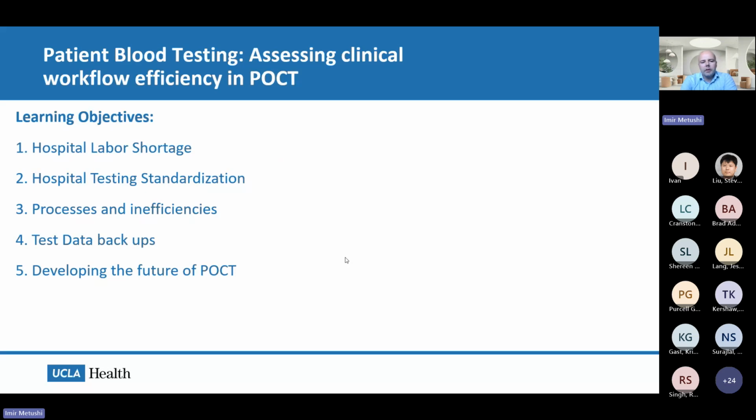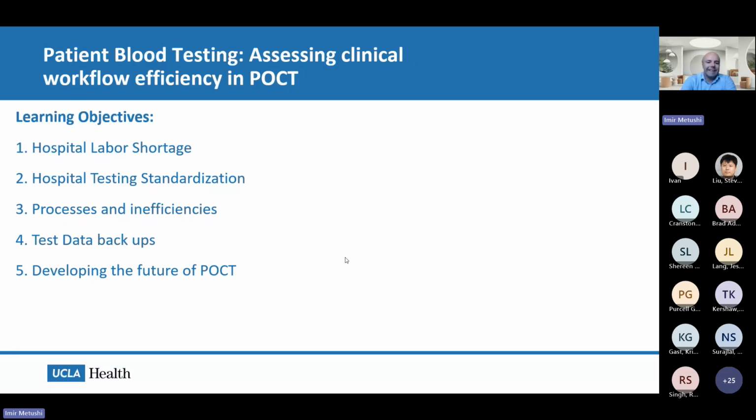Today we'll be talking about several aspects in the clinical lab, but mostly focusing on point of care testing. We'll start with talking about labor shortage and the fact that we're always short staffed, and how do we go about solving problems of short staffing while keeping up with all the workload and the quality work that we're always required to do. So we'll talk a lot about challenges, processes, and inefficiencies in the point of care space.